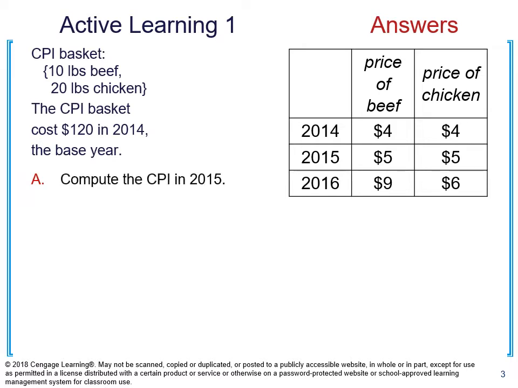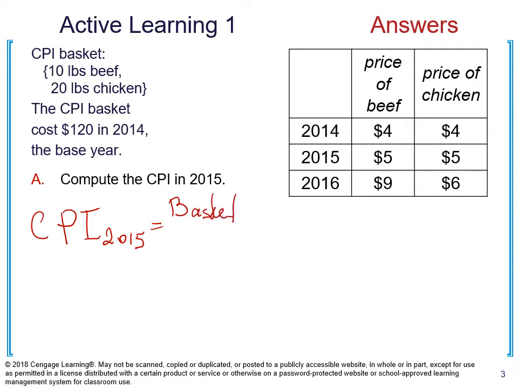All the time when I need to calculate something, I usually write down the formula first with the variables. Don't go ahead and put the numbers right away. First, go ahead and write down the formula. So CPI for year 2015. What do we need to know for that? We need to take the basket cost.